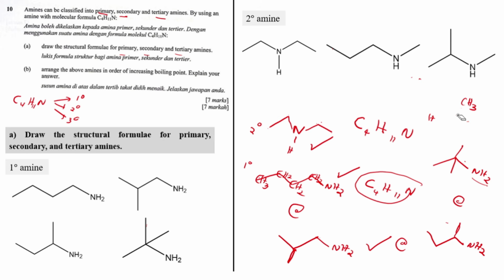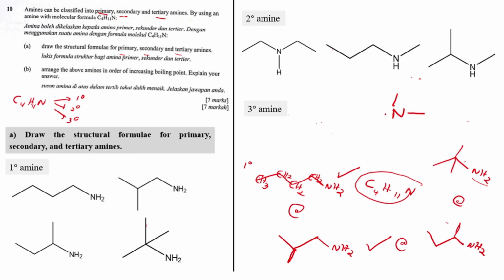Now we need to focus on the tertiary amine. For the tertiary amine, you're going to have the nitrogen, but then it needs to attach with 3 alkyl groups: 1, 2, and then 3. But since we have 4 carbon, one of these carbons here will have 2 carbon in a single chain, and then the other is hydrogen.